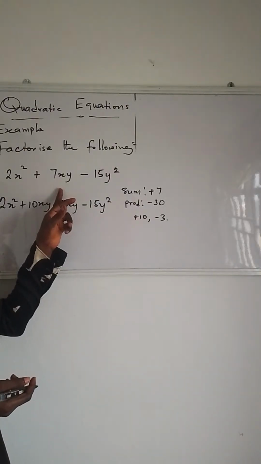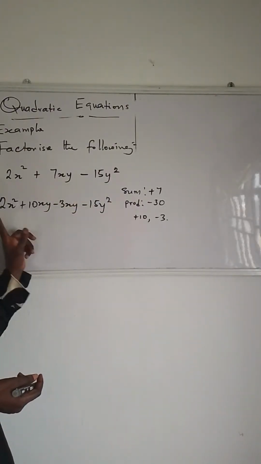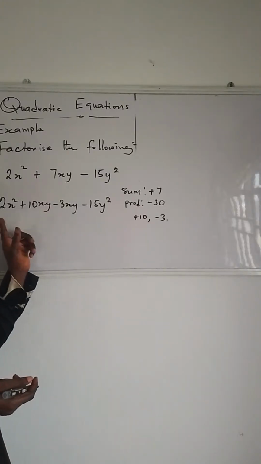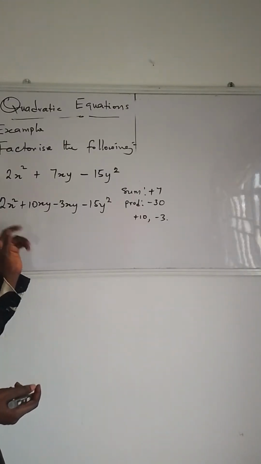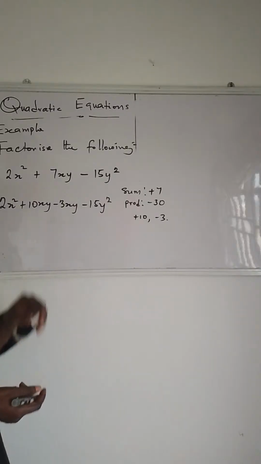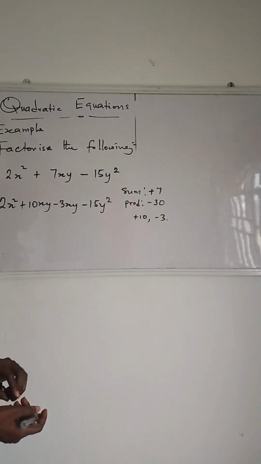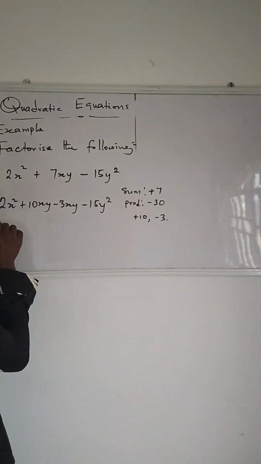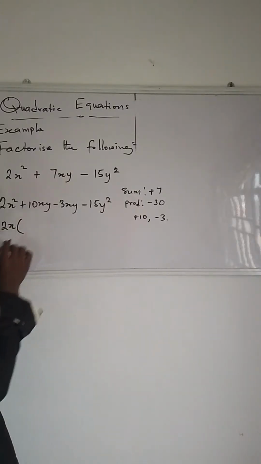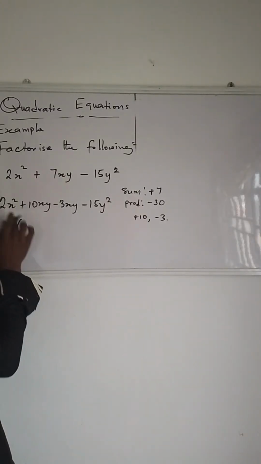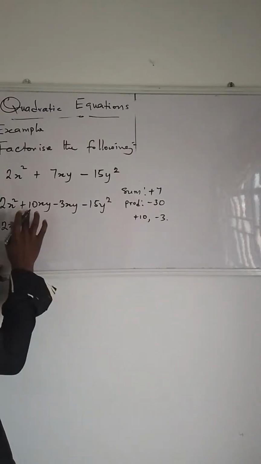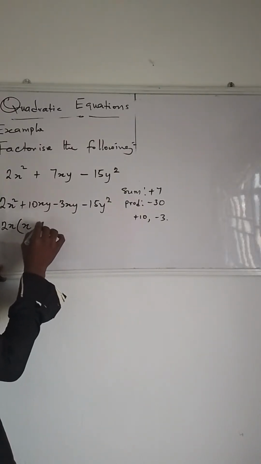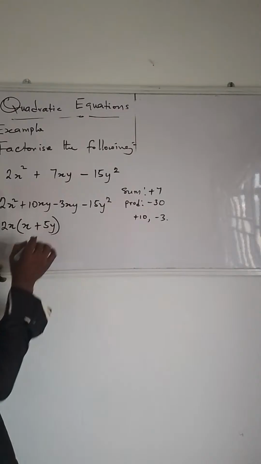Now you look for the common factor. What is the HCF of these first two terms? That is 2x. When you divide this by 2x, you are left with x. Divide this by 2x, you are left with 5y.